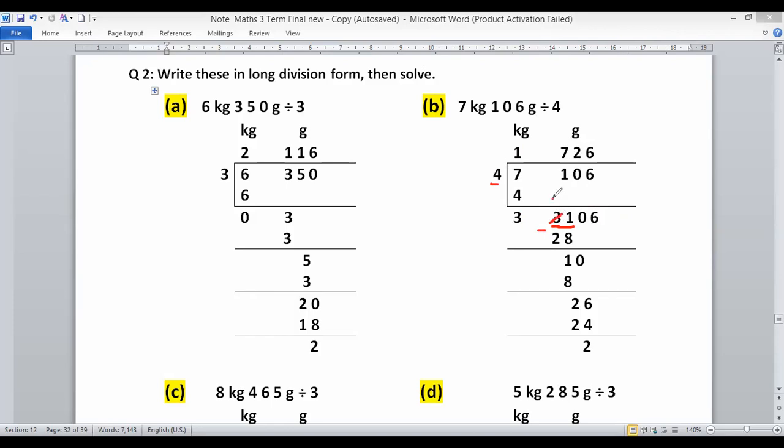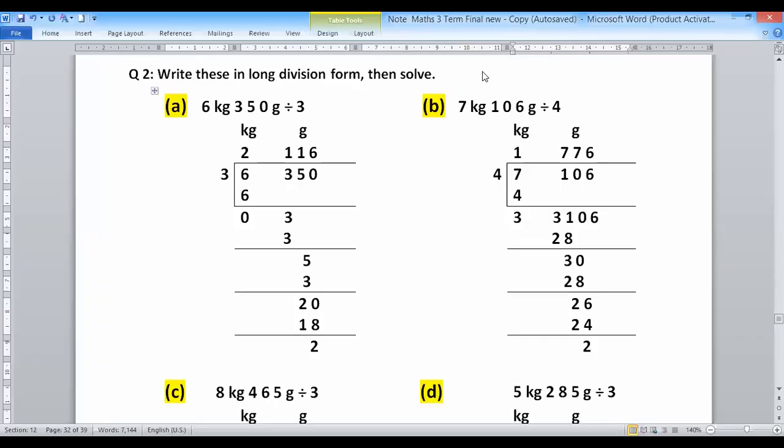So we take 1 from 3, you get 2, and after that 11 minus 8, here we get 3. Then shift this 0 down, we get 30. 30 divided by 4. 4 sevens are 28. 30 minus 28, we get 2.